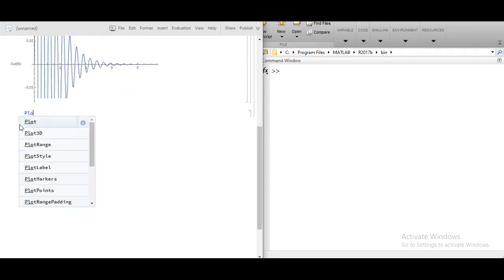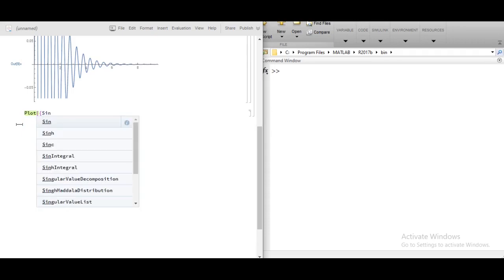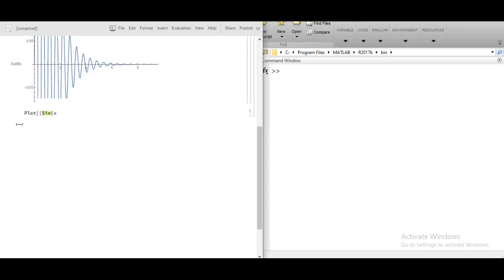So Plot in Mathematica. Here we write Plot, and then three functions are there. In curly brackets: sine of x, then the second one is x, then the third one is x minus x cube divided by 6. So this is the Taylor series expansion, divided by 6.